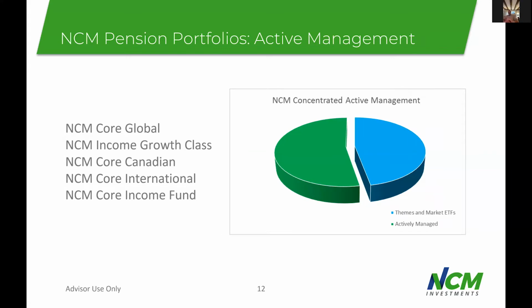The fund itself is allocated among what I would call fairly concentrated positions in actively managed mandates. And the green pie slice indicates here the actively managed portion of the fund. We believe this is both unique and a significant advantage when we're seeking higher returns and also managing risk.